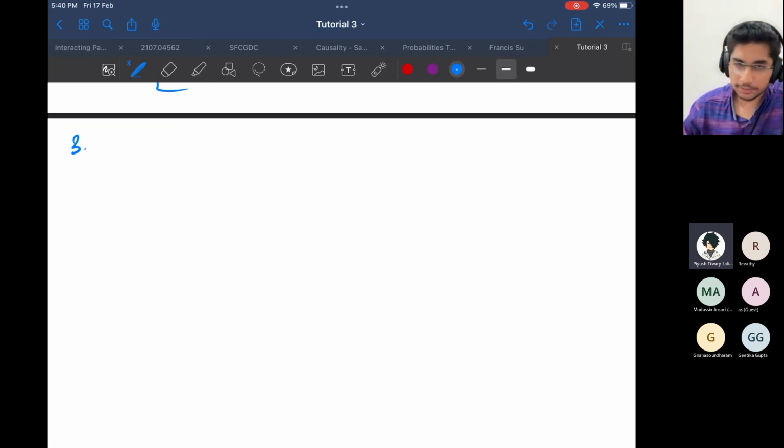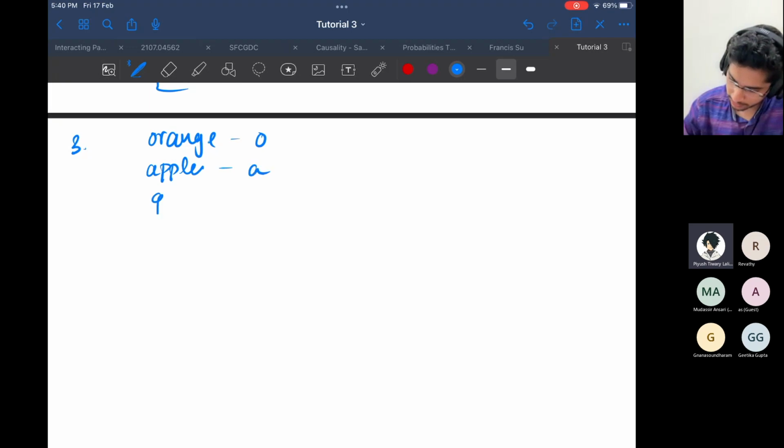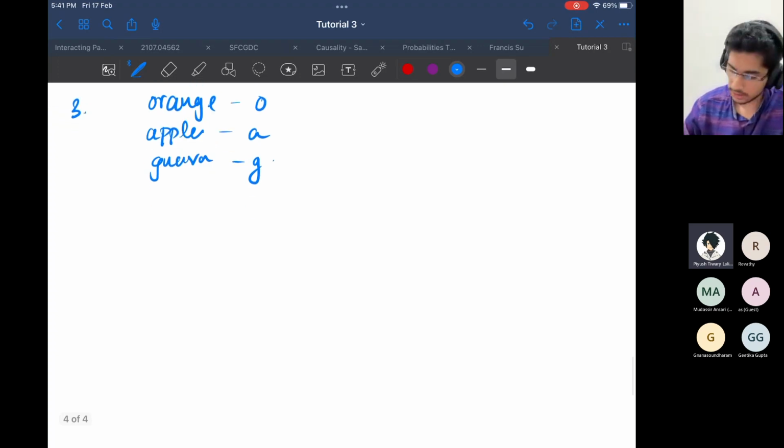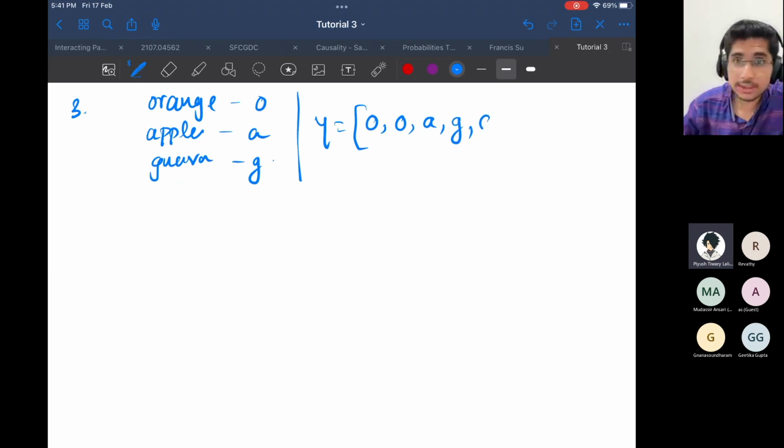So for the sake of saving some time, I will denote orange by O, apple by A and guava by G. Okay, these are the three things. So now let us look at what the Y is. So Y to us is given as orange, apple, guava, orange, apple, orange, apple. Okay, this is what is given to us.